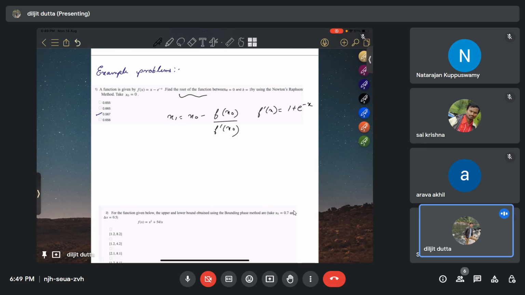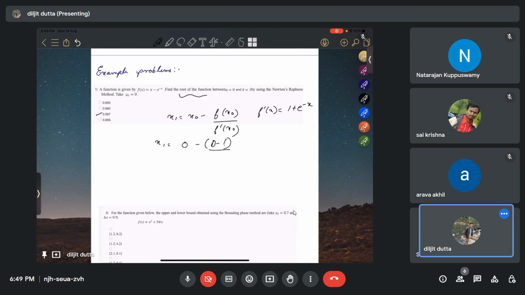We are taking x naught equal to 0. So x1 will be equal to 0 minus f of x naught divided by f dash of x naught. f of x naught will be 0 minus e to the power 0, which is 0 minus 1, because e to the power 0 is 1.